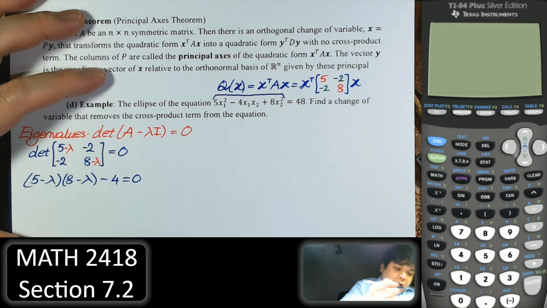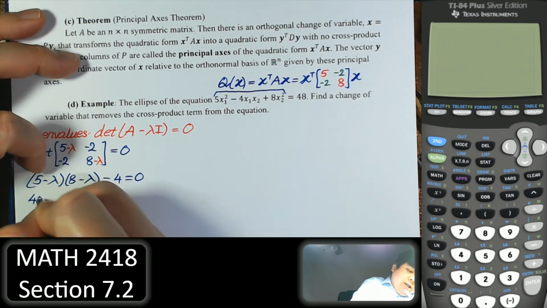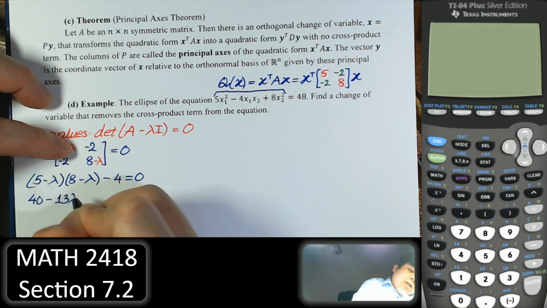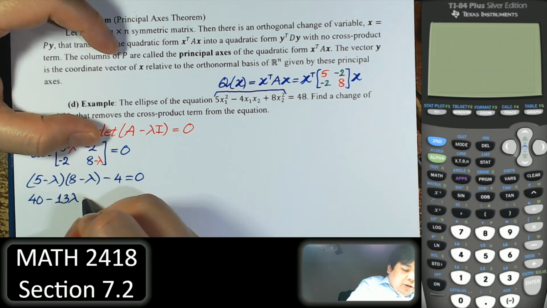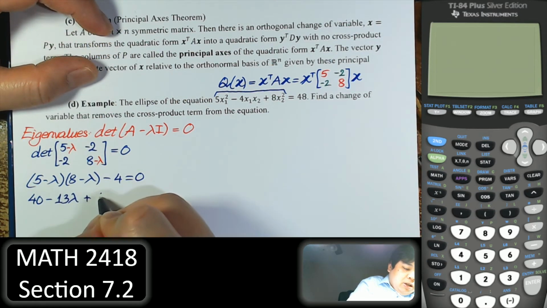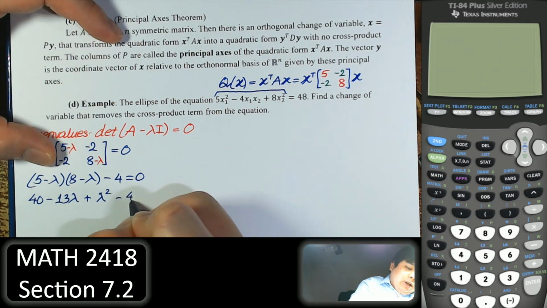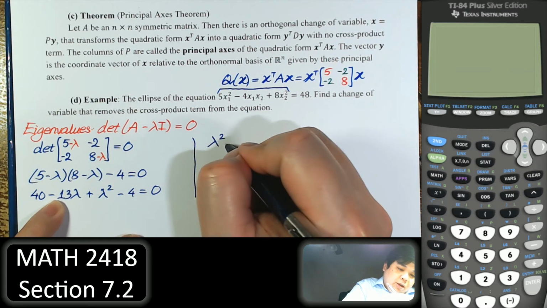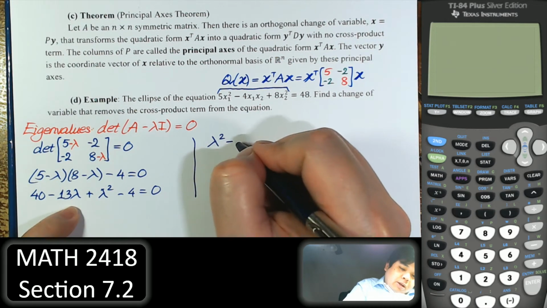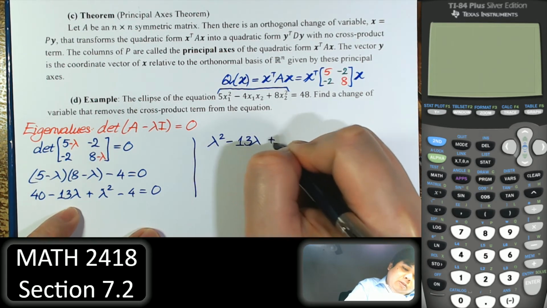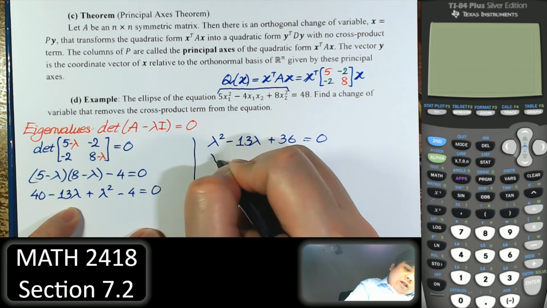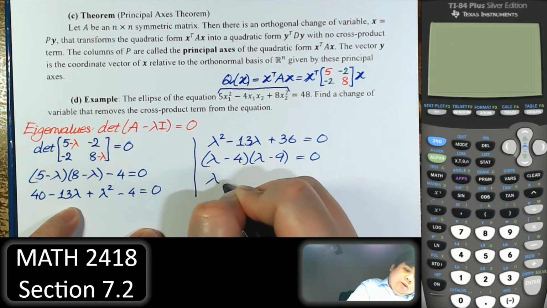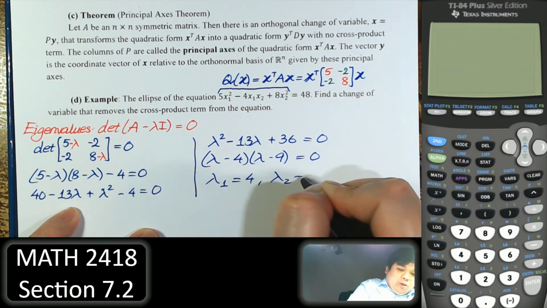Right. So we have 40 minus 5 lambda minus 8 lambda plus lambda squared minus 4 equal to 0. So lambda squared minus 13 lambda plus 36 equal to 0. So that is minus 4 and minus 9. So lambda 1 equal to 4 and lambda 2 equal to 9.